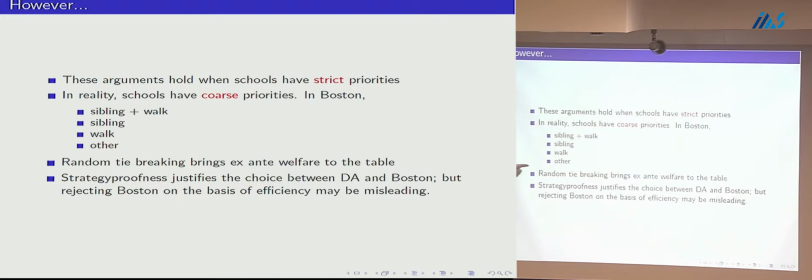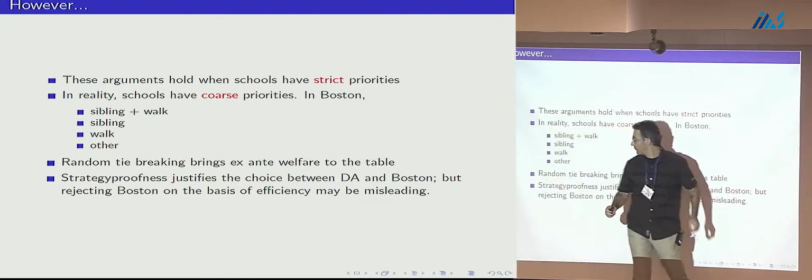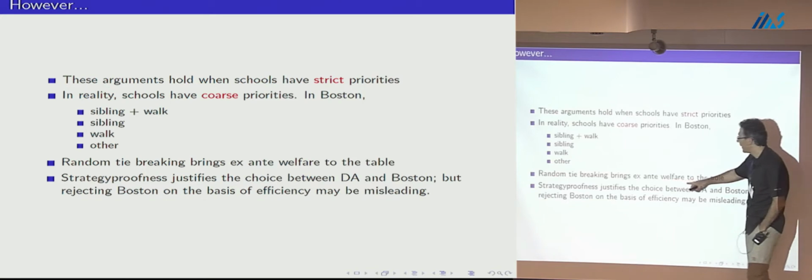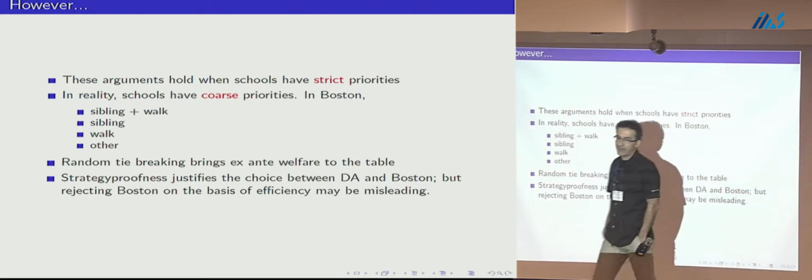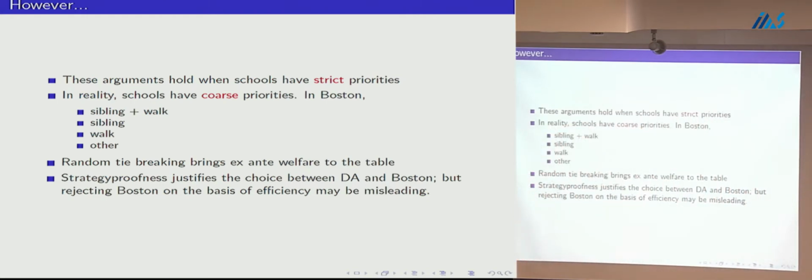And I'm going to show that actually that random tie breaking is going to have significant welfare consequences. And although strategy proofness justifies the choice of deferred acceptance over Boston, rejecting Boston on the basis of efficiency might be misleading.